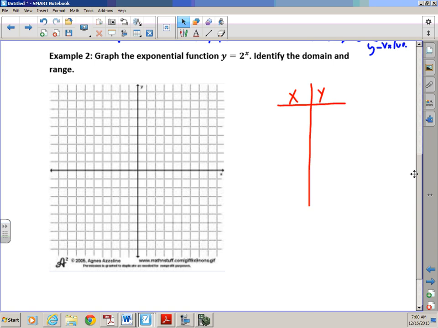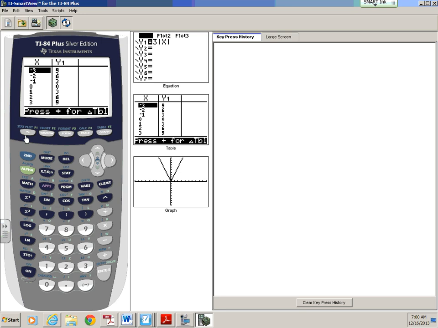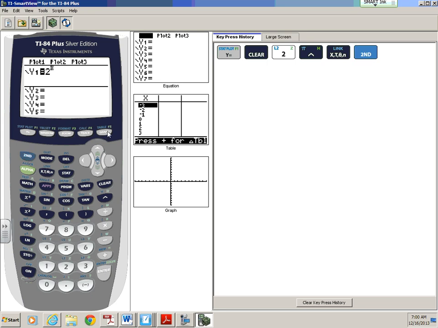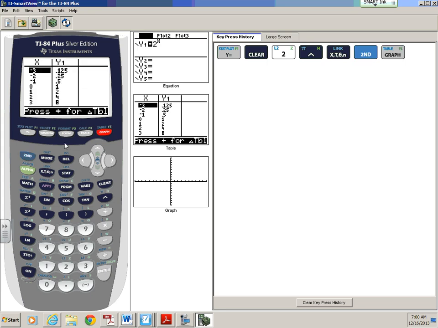And you've got to be careful with what values you're going to use, because since it's exponential, these numbers can get very large and very small quite quickly. So we're going to go to our y equals, and we want the exponential function y equals 2 to the x power. So put in 2 caret x. And now we're going to just call up our table of values.